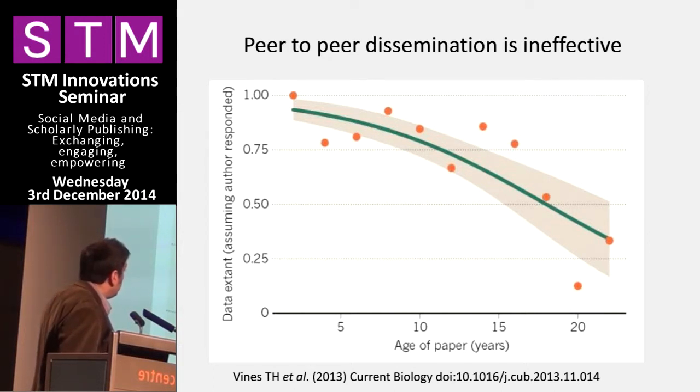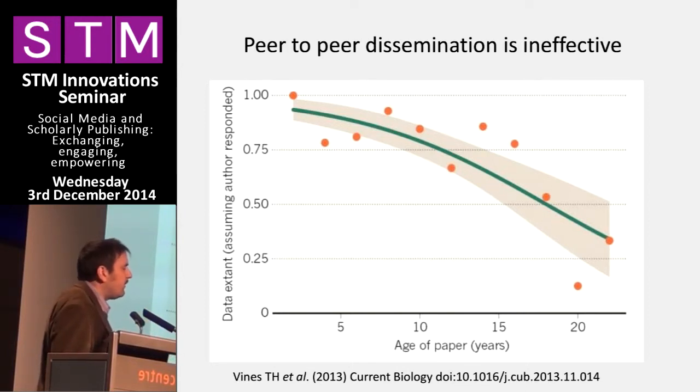The study, focusing on one particular type of small data, statistical analysis in biology, looked at several hundred data sets and saw attrition over the years, partly due to loss of contact. It wasn't possible to email the authors anymore. They'd moved on.